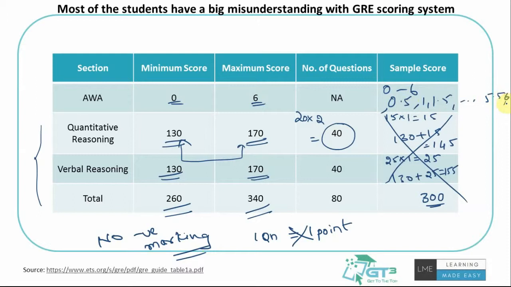Each essay is graded by two raters, the e-rater, that's a computer, and a person, and if the scores rated by both of them are almost the same, they'll take the average of both and round it off to the nearest 0.5. If a person has rated your essay 4 and the e-rater has rated 4.5, or assume 5, the average is 4.5.